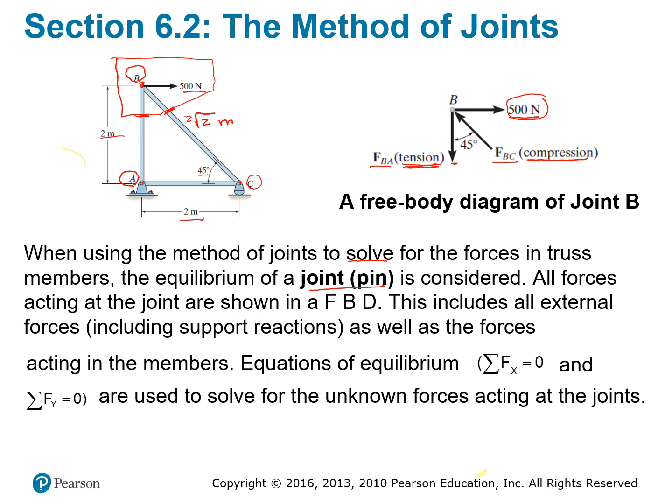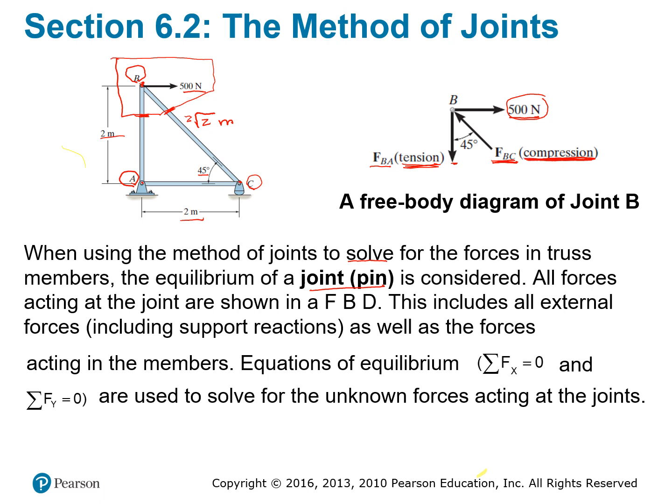If 500 is pulling to the right, I need to balance the force to the right. This one has to push to the left. So FBC has to push to the left. It will go into this point B. So this is what we call the compression force, meaning you are compressing the joint at point B.